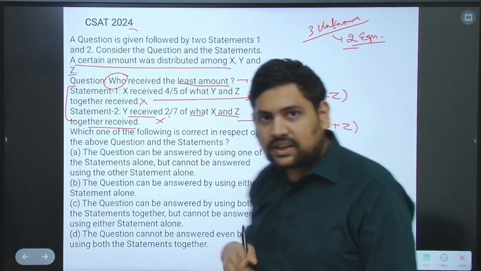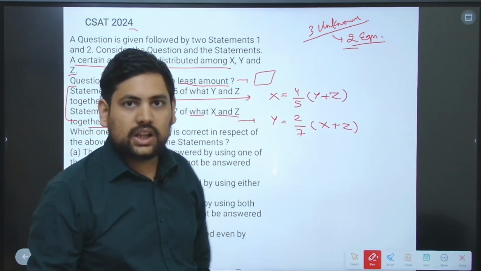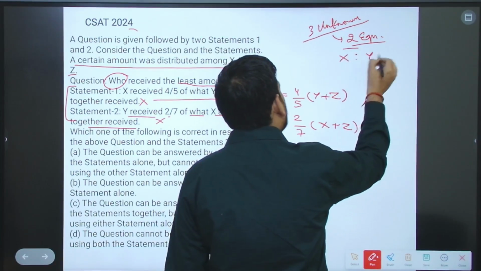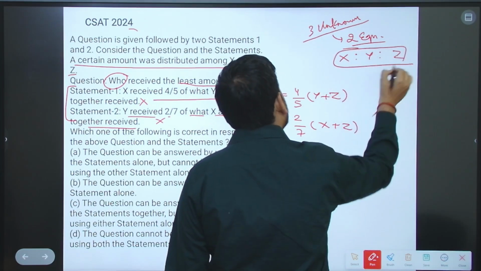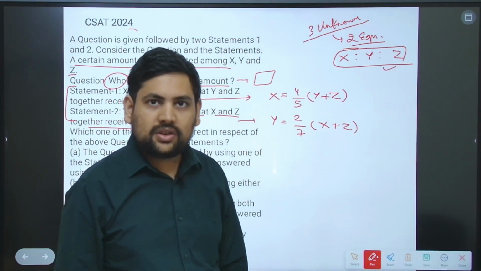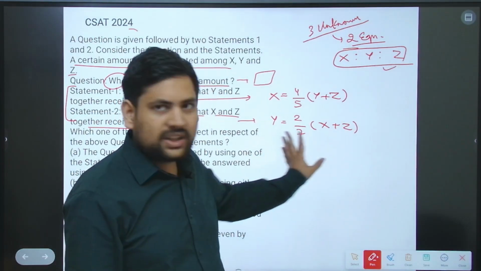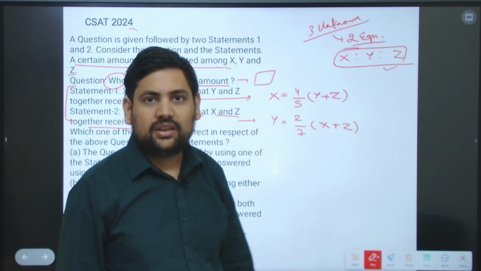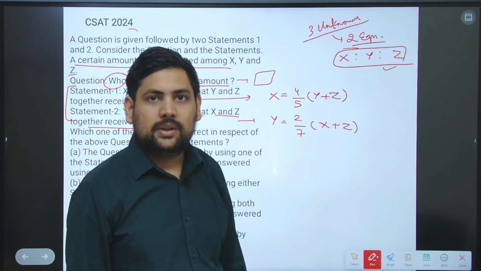Now, one thing that you will get from here is eventually the ratio of x, y, z. Always. Why can you get the ratio of x, y, z from here? Because as you can see, they don't have any constants with them. So here you will get the ratio of x, y, z.